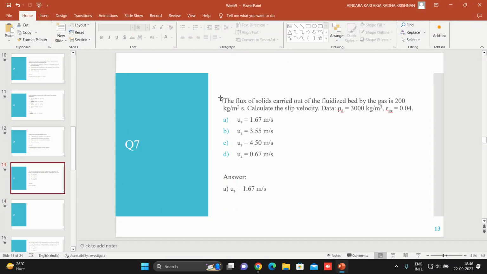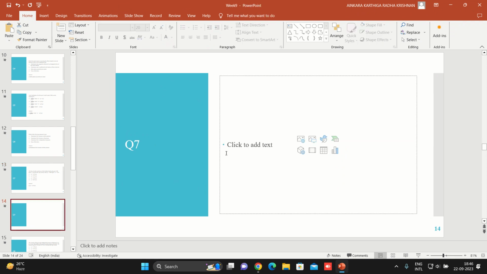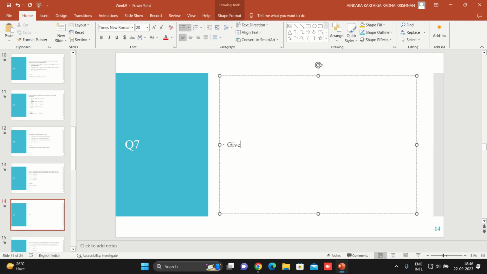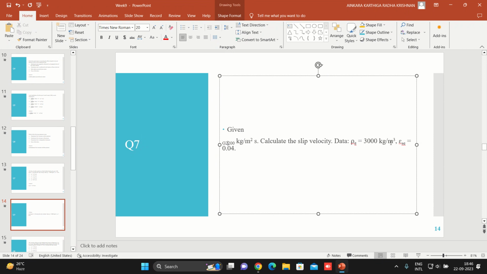First, we'll write all the given information. The density of solids is given and the solid fraction at the exit is given.